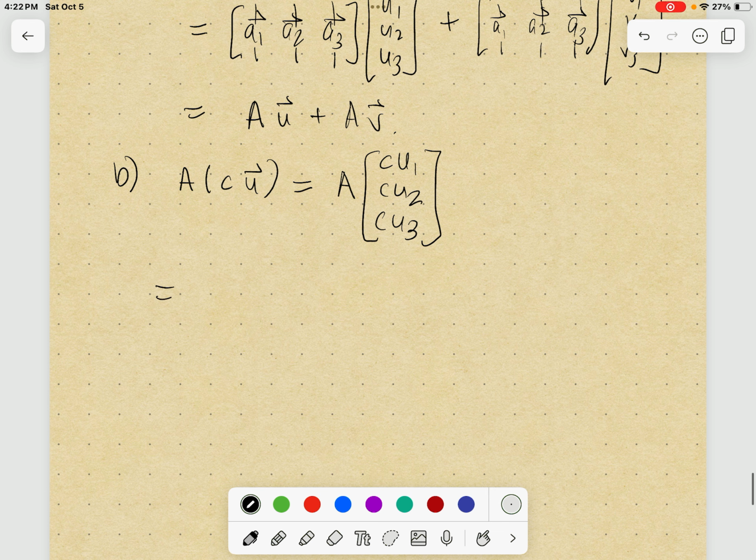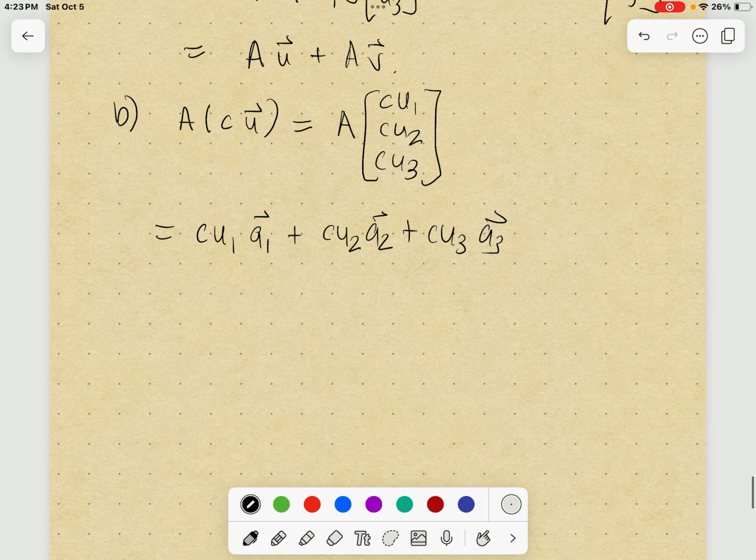And then this is equal to, by the definition of matrix vector multiplication, cu1 a1 plus cu2 a2 plus cu3 a3. And this is equal to, do you see what I can do to make this look more like c times Au?